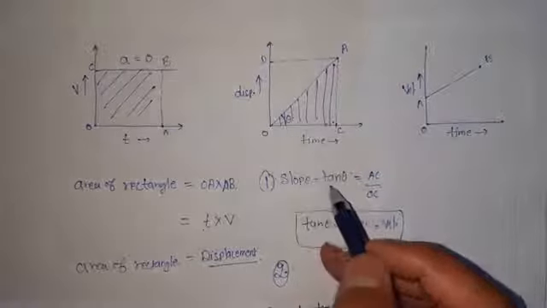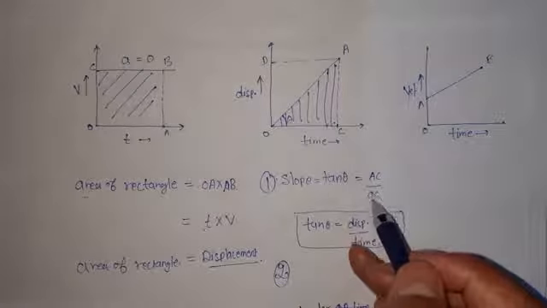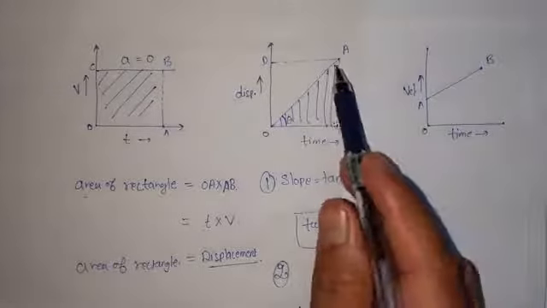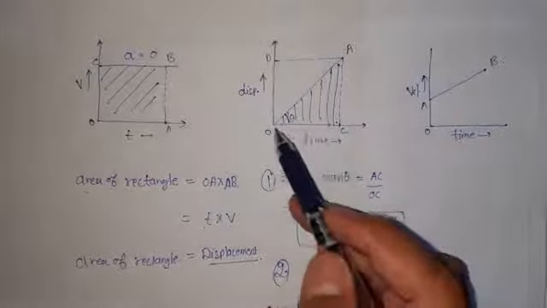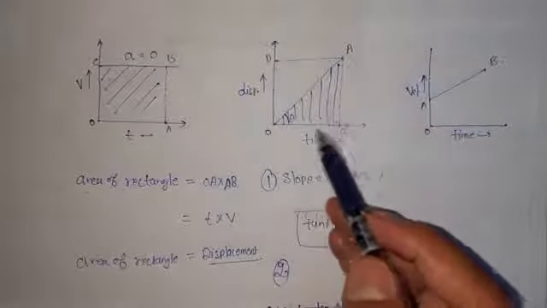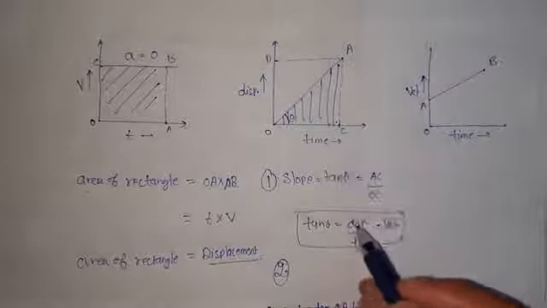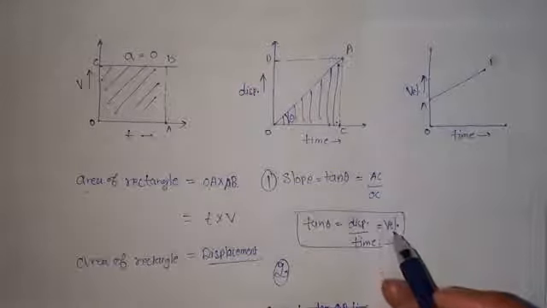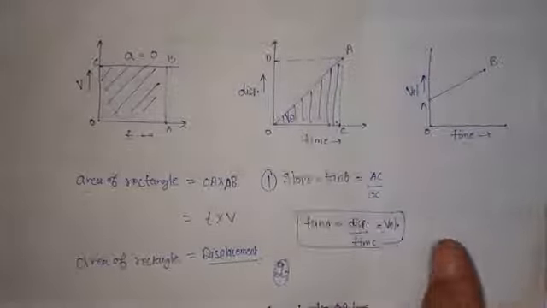Slope is determined with the help of the tangent of the angle, which is perpendicular upon base. The perpendicular is that side on the axis which gives us displacement, while the base is the time axis, which gives us the value of time. So it is going to be displacement upon time, which equals velocity. It means that the tangent of the slope will give you velocity.